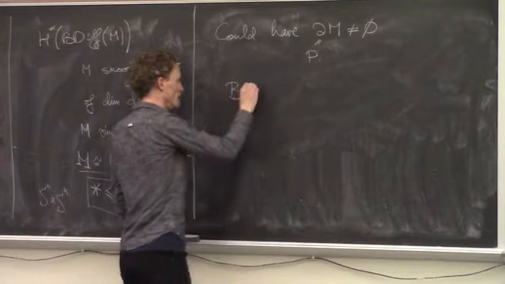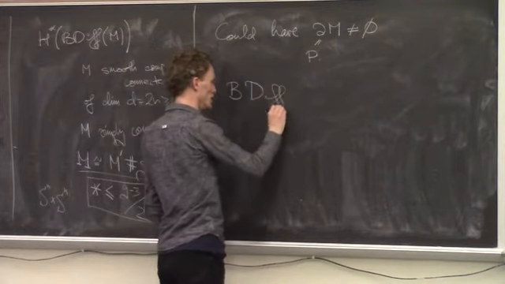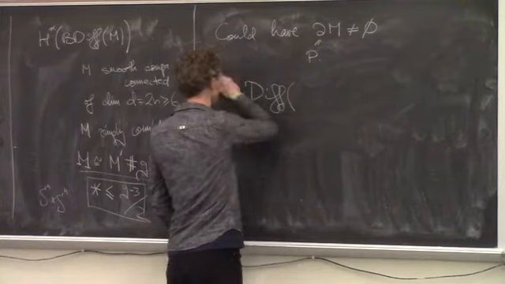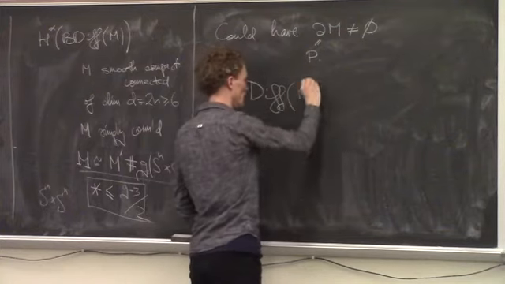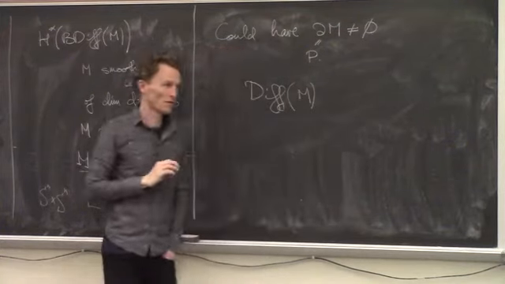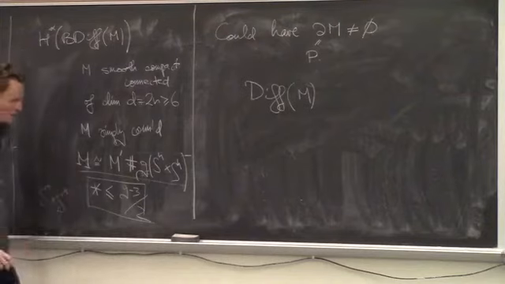And then Diff(M) should mean the diffeomorphisms that are the identity near the boundary.